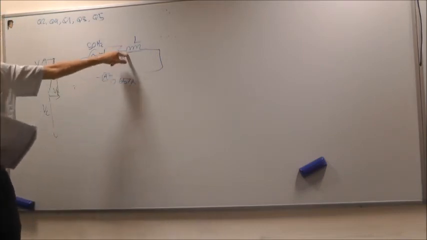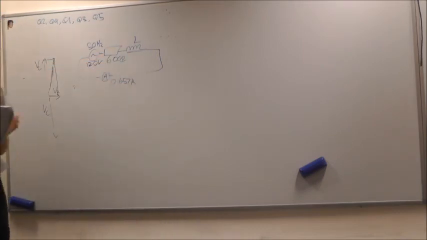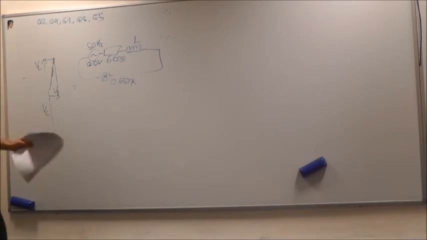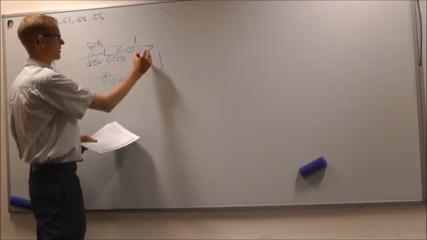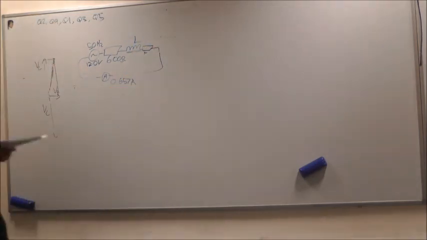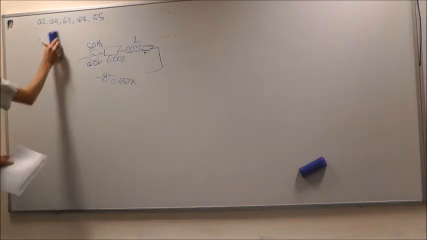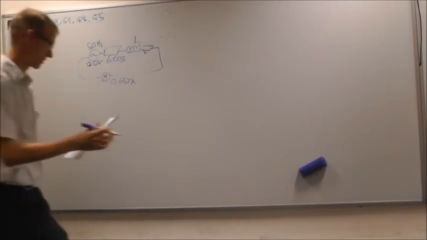The only thing we don't know is L, so surely we can do the problem. But I think the issue is that we've got a little unknown resistor, we'll call it small r, hiding in there. And let's see on the phase diagram how that's going to work out.